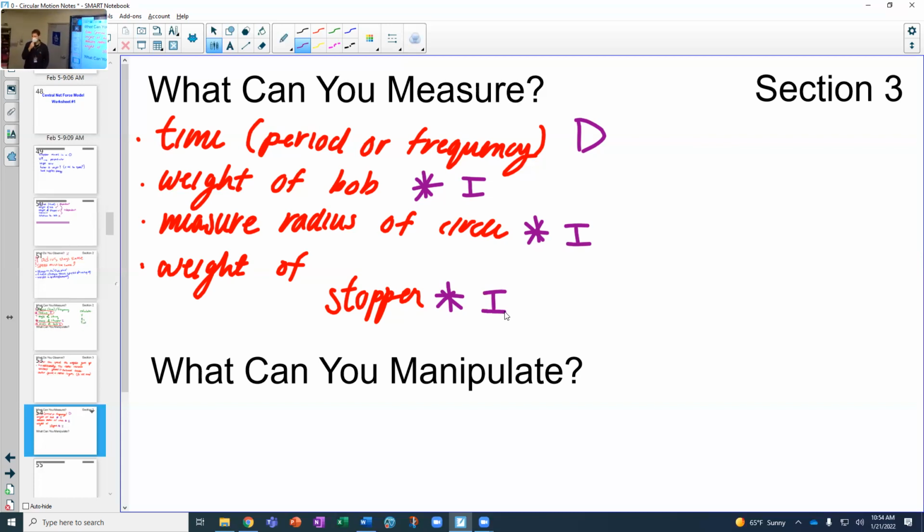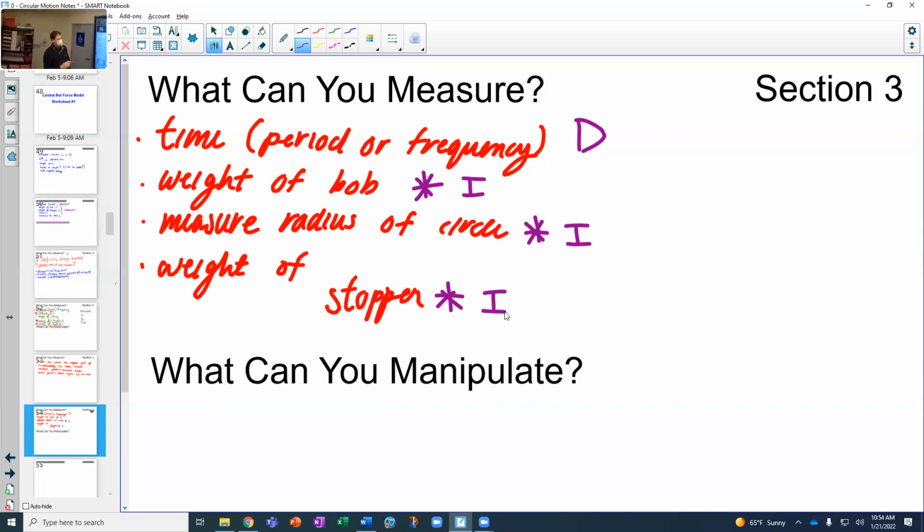Now, according to the fair test rule, how many of those things can we manipulate at once? One at a time. So we need to either change the weight of the stopper and keep the weight of the bob and the radius constant, or change the weight of the bob and keep the radius and the stopper constant. We can only do those one at a time. All right, and on Monday, when I get you in your groups, I'll put this back up on the screen and remind you of what we came up with.